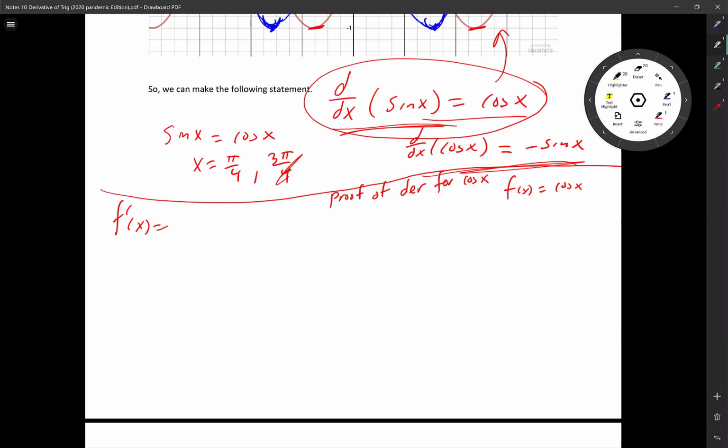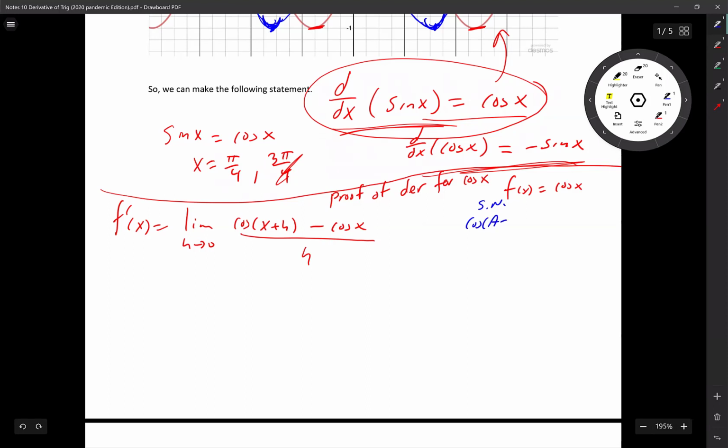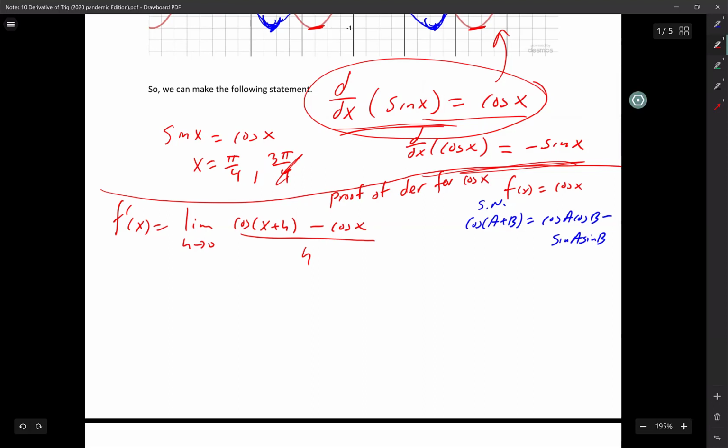All right, so here we go. Limit as h approaches 0 of cosine x plus h minus cosine x all over h. And obviously, you're going to have to do something with that cosine x plus h. So side note, cosine a plus b from pre-cal is cosine a cosine b minus sine a sine b. So coming back to this one, I'm going to replace that.